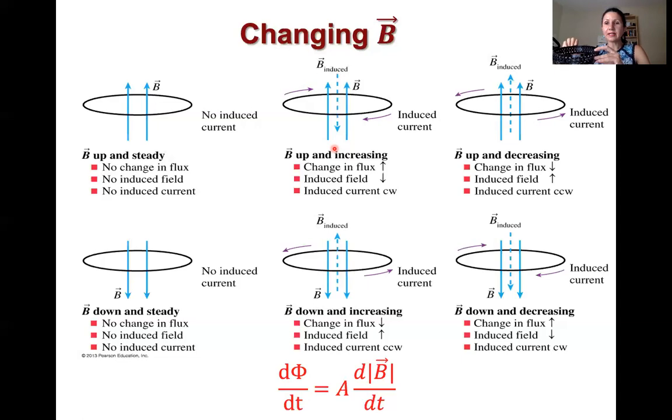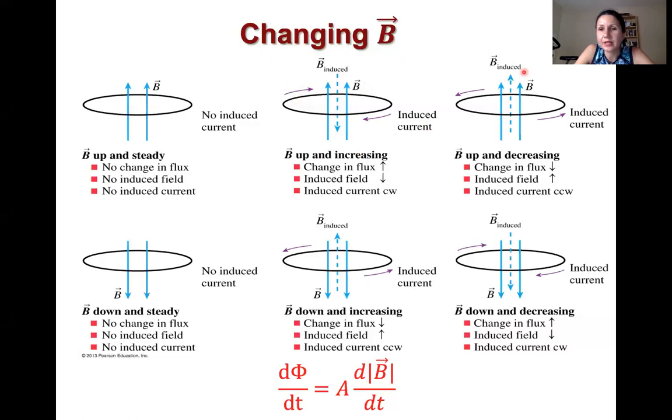We use our right-hand rule in such a way that my fingers have to curl down, so my thumb has to point in this direction. Anywhere I put my thumb, it has to point in that direction. So from the top view, the current is going clockwise. So in this picture, the induced current is going clockwise.